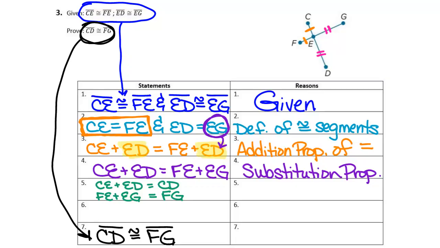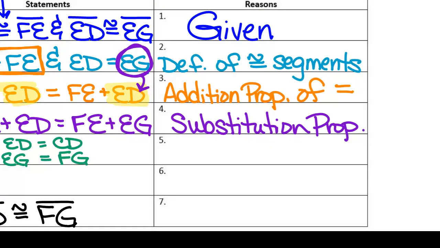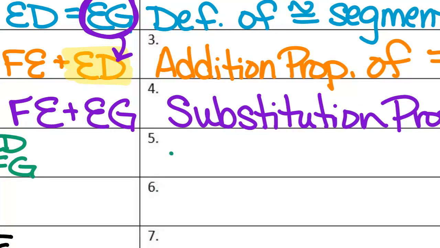I'm taking two smaller segments, putting them together, and getting a bigger segment. What property am I using when I add two smaller segments together and I get a bigger segment? That's not when I add the exact same thing to both sides. Here I have two smaller segments being added together to give me a bigger segment. Segment addition postulate.